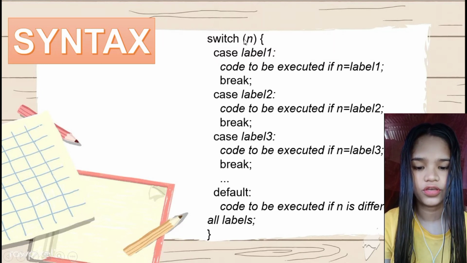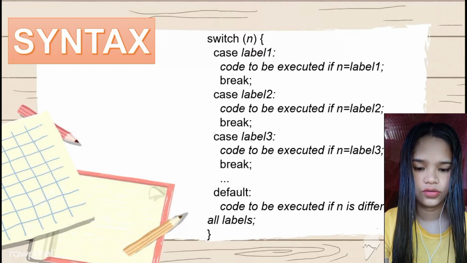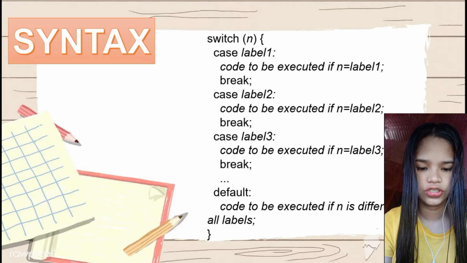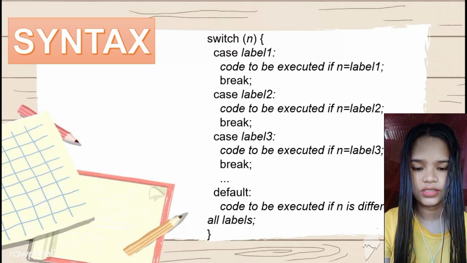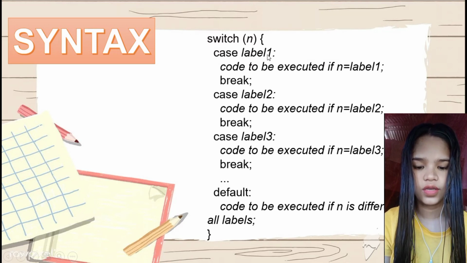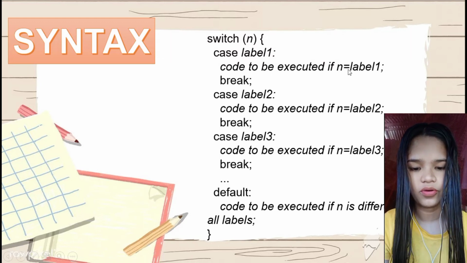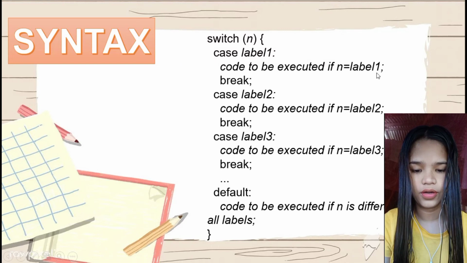Then the value of the expression is compared with the value of each in a structure. So kini din siyang case level 1. Code to be executed if n or the variable is equal to label 1.